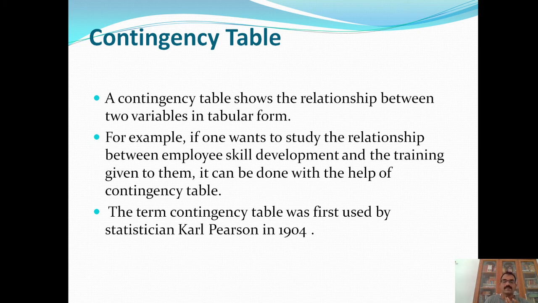For example, if one wants to study the relationship between employee skill development and the training given to the employees, it can be done with the help of a contingency table. By using a contingency table, we can study the relationship between employee skill development and the training given to the employees.